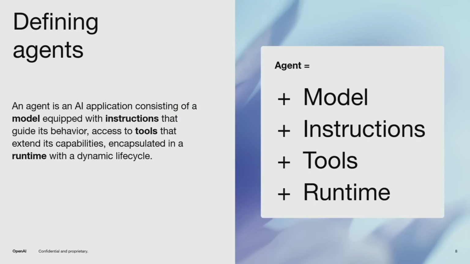Before we can go further, I'd like to quickly define what we mean by the term agent. We think of an agent as an AI application that consists of a model that has some instructions, usually in the form of a prompt, and access to some tools for retrieving information and interacting with external systems, all encapsulated in an execution loop whose termination is controlled by the model itself.